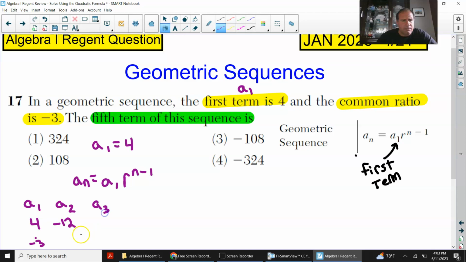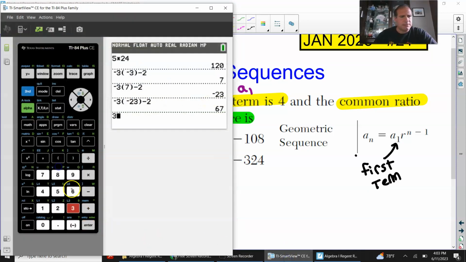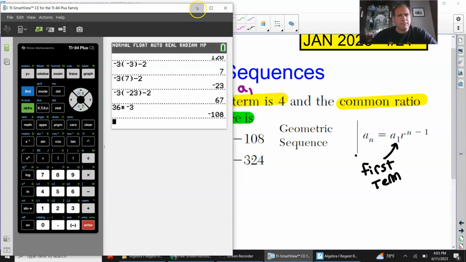A sub 3. Negative 12 times negative 3, 24, negative times negative is positive 36. Then 36 times negative 3. I don't want to make a mistake. Negative 108.